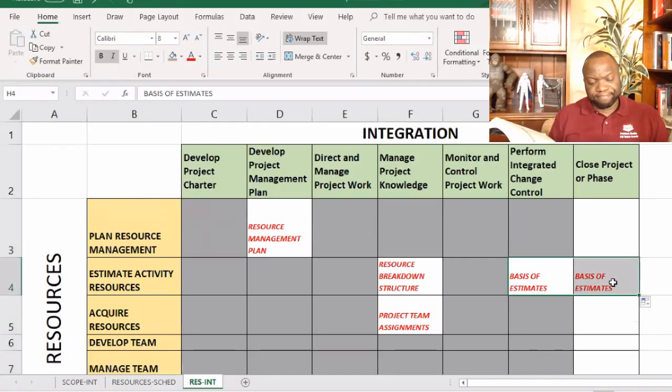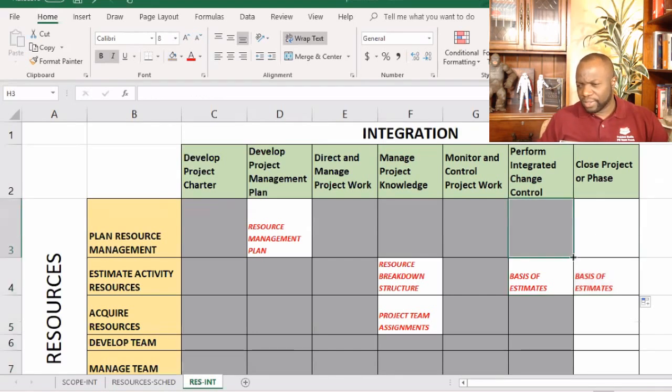It says, page 124, basis of estimates is used to evaluate how the estimation of durations, cost, resources, and cost control compared to the actual results. Okay. So, taking a look at your basis of estimates, did you base your estimates on the right parameters? Are you smack dab in line or are you off? So we can put in a gray square there.